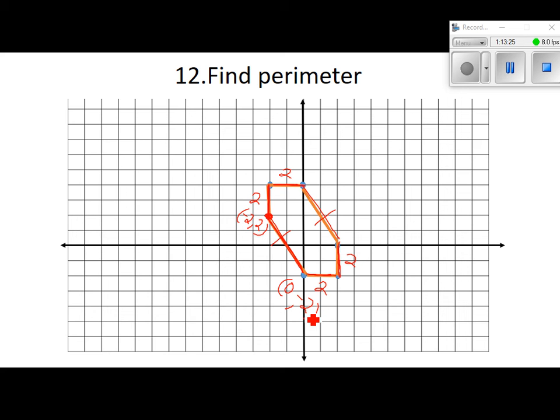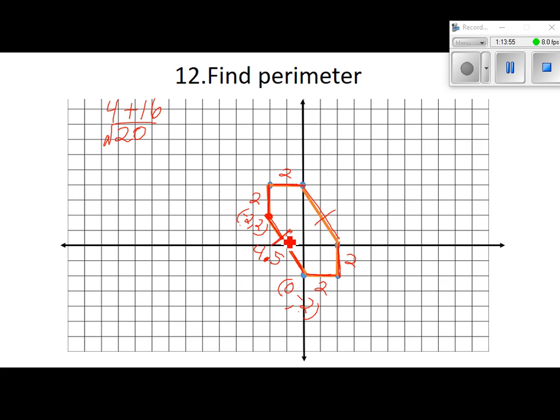I'm just going to sort of do it in my head. 0 minus a negative 2 is 2. 2 squared is 4. Plus 2 minus a negative 2 is 4. 4 squared is 16. Add those together, you get 20. You want the square root of 20, grab your calculator, second square root 20, and you get about 4.5. So that segment's about 4.5.